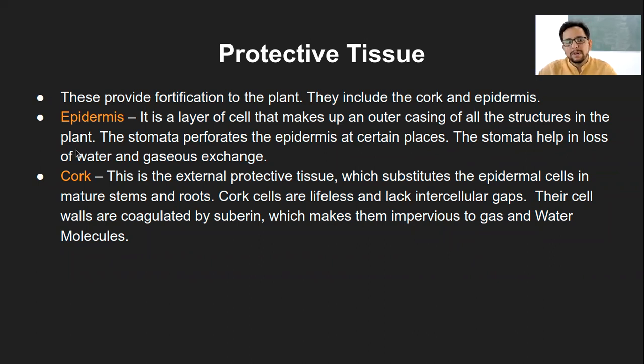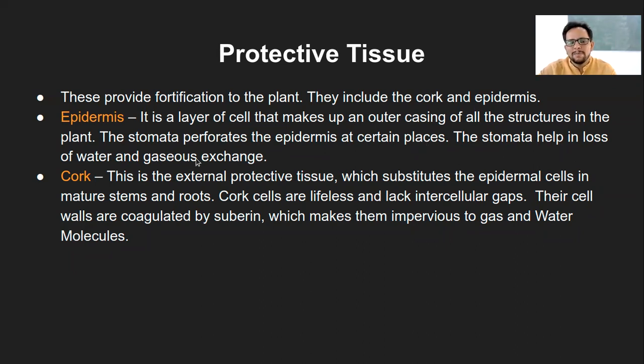The most important characteristic of epidermis is the presence of stomata. We will see this when we look at the chapter on transpiration. The stomata are like open spaces which are enclosed by two cells, and they are called stomatal openings or stomata as such.